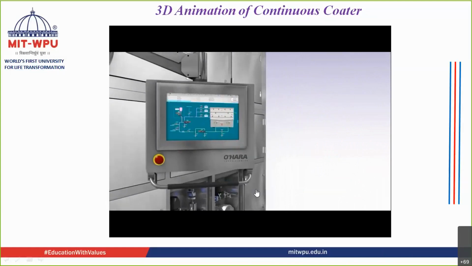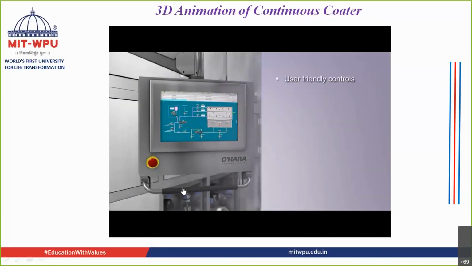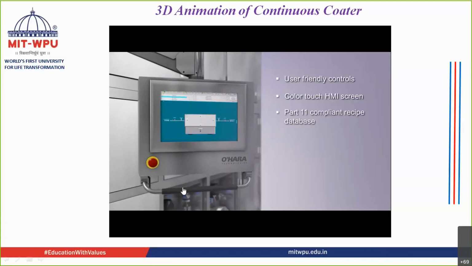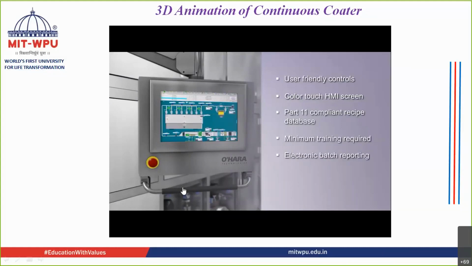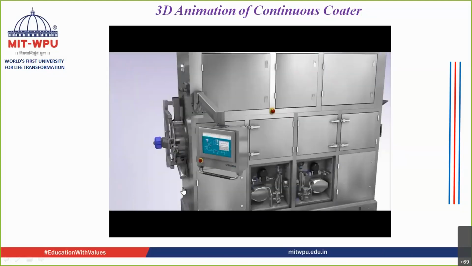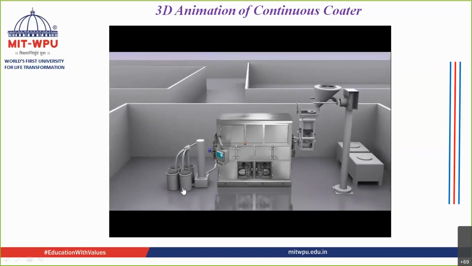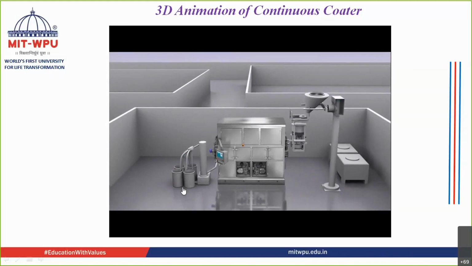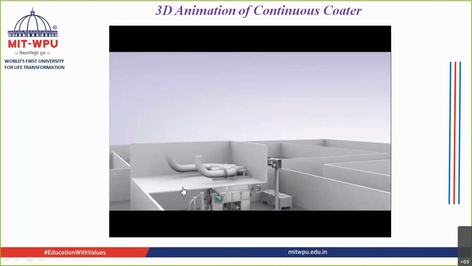This is the control panel. So the process variables can be perfectly set: how much atomized air you want to put inside the spray gun, with what speed, how much volume should go inside the spray gun, what the temperature of the hot air should be, and what amount of tablets or granules should go inside.